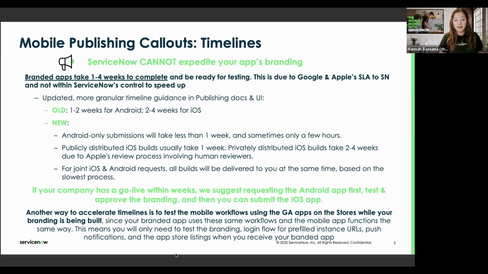Another way to accelerate timelines is to test the mobile workflows using the GA apps on our public stores while your branding is being built. The GA apps use the exact same internal workflows as your branded app will.